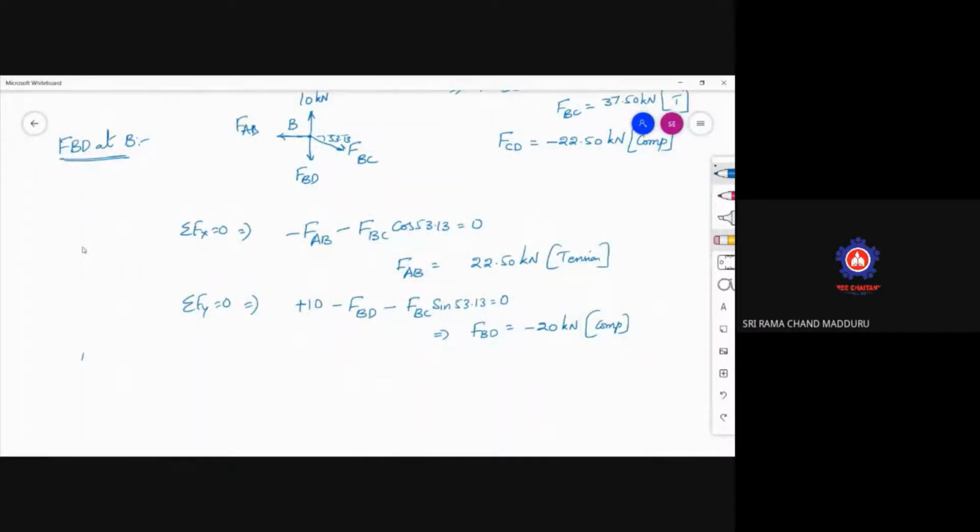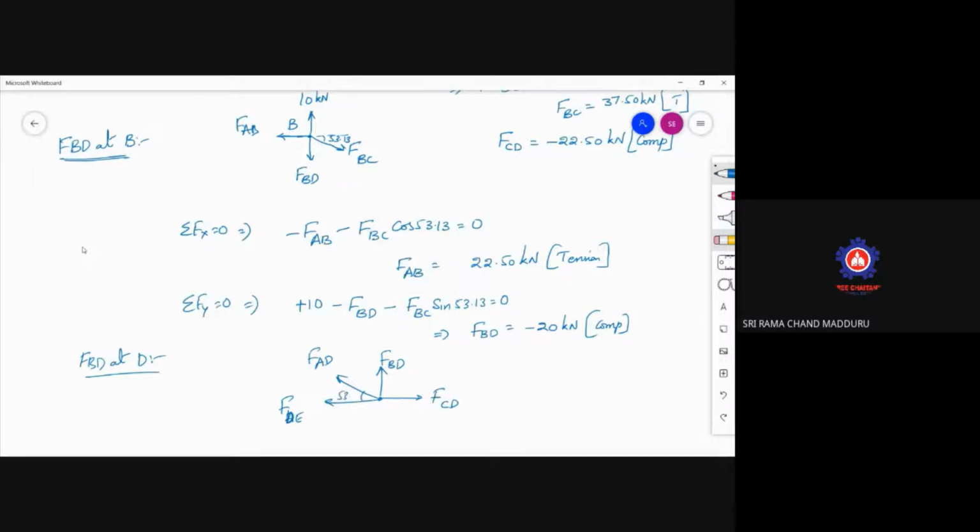After getting this FBD, the joint at D is to be taken. This is force in BD, force in AD, force in AE, sorry, force in DE. And here force in CD.